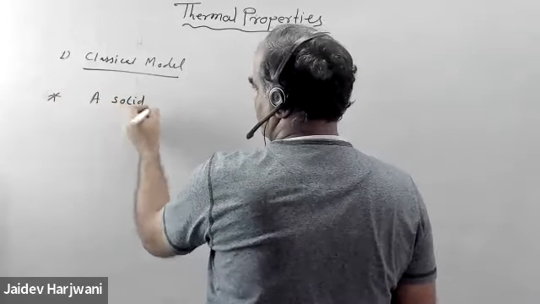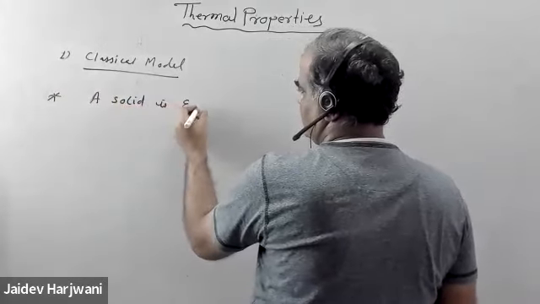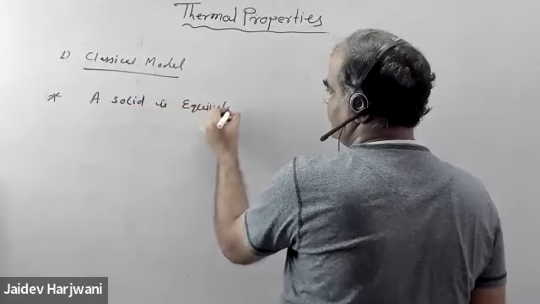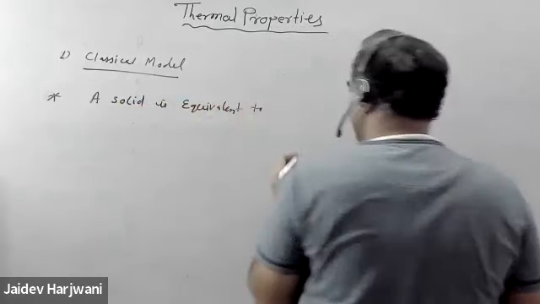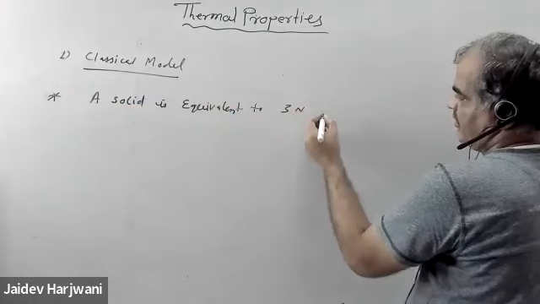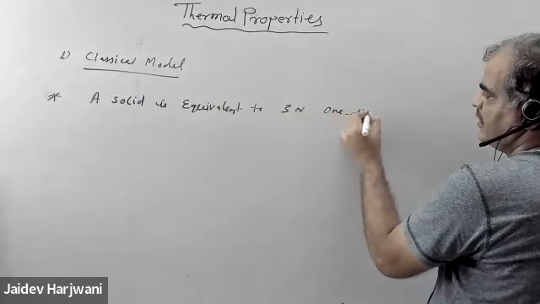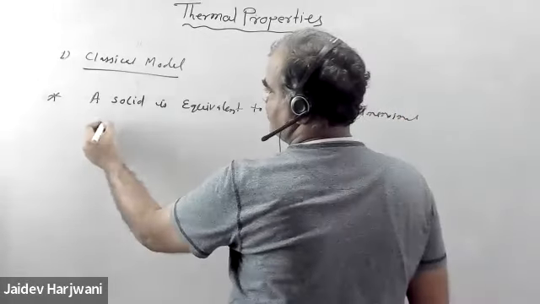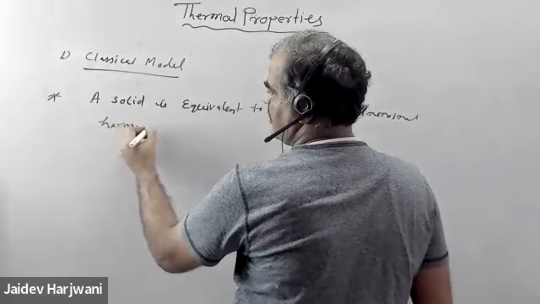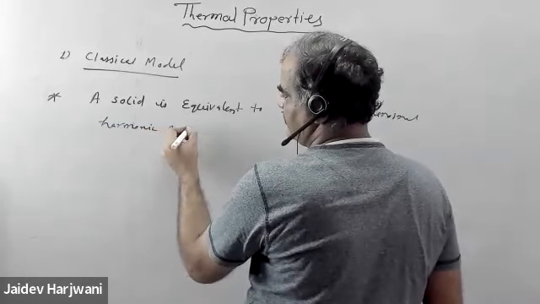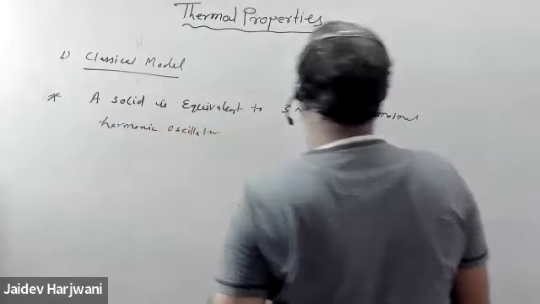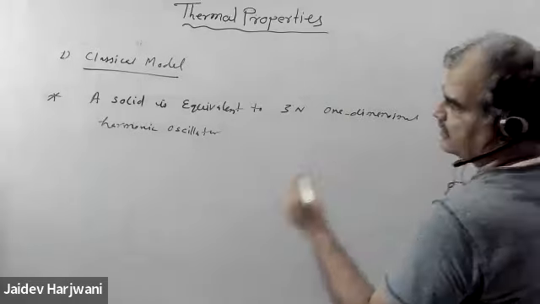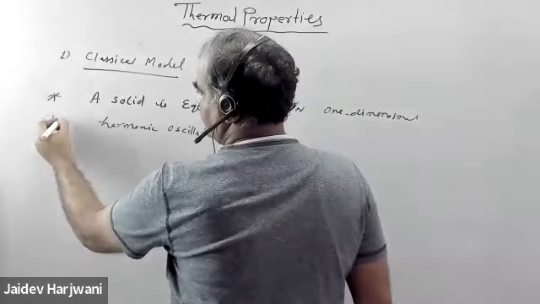So a solid is equivalent to 3N one-dimensional classical harmonic oscillators.